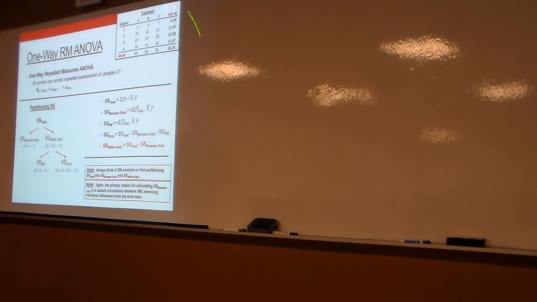Okay. So if this is our table that we're working with up here, we're going to start out with our sum of squares total. Sum of squares total is just all the variability in this set. Literally, if we want to calculate this conceptual formula here, this is the sum of the squared deviation of each individual score from the grand mean, right?